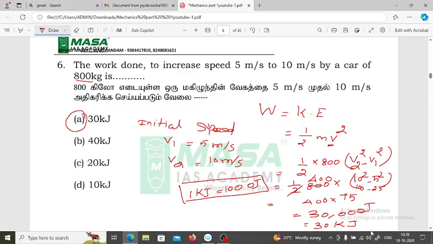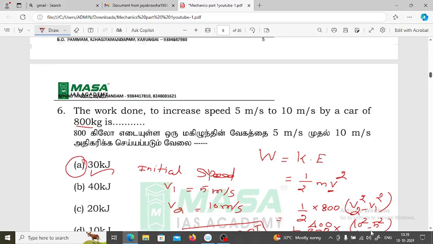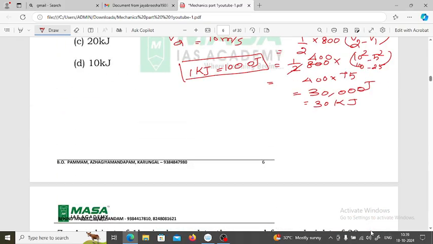This is a very important question. Just a twisted question. Easy only, but we get here 30,000 joule, but the options don't have this 30,000. So you analyze this, 1 kilojoule is equal to 1000 joule. So the answer is 30 kilojoule. Answer is option A. Next question, question number 7.